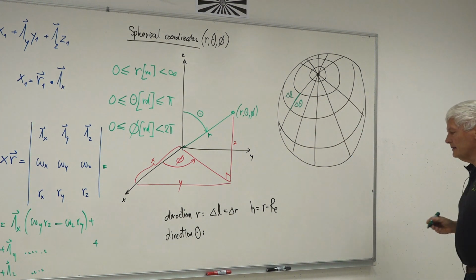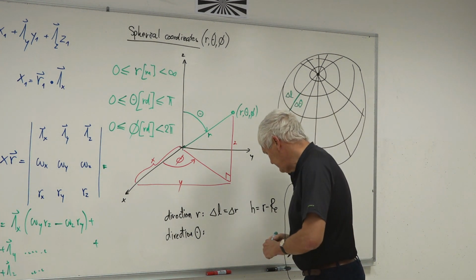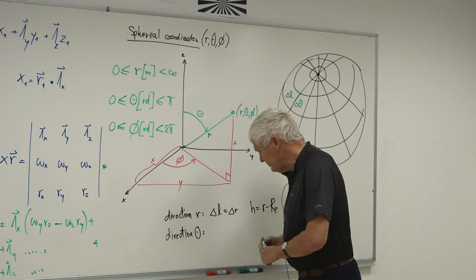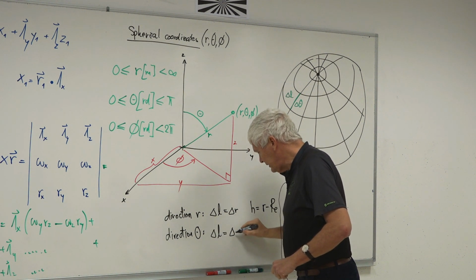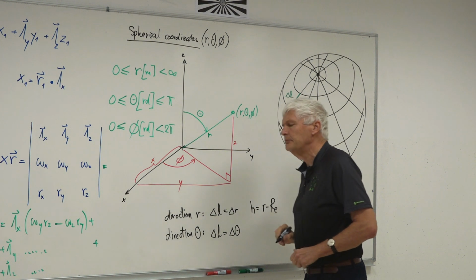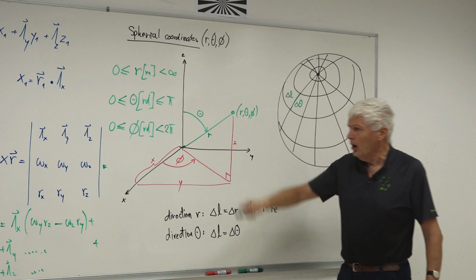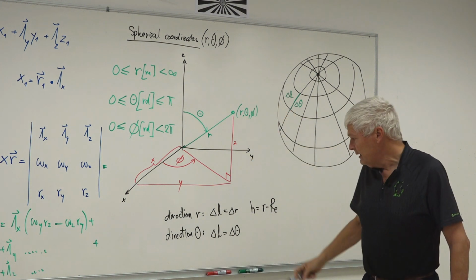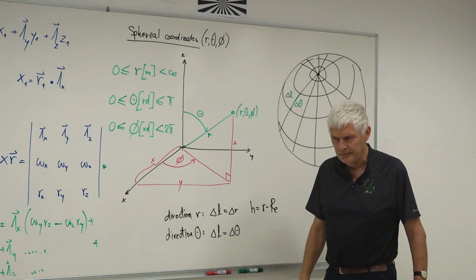How do I get the travel in the direction theta? This delta L cannot be made equal to delta theta. This is not correct because the units are not correct here. All our physical quantities have units. Here I have radians and here I have meters. So this equation cannot work.